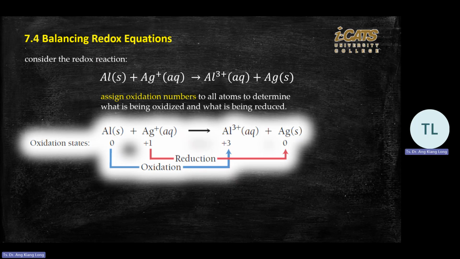Okay. Now, based on the short note that we wrote on the whiteboard here, remember you need to know how to explain why the blue arrow is oxidation. Oxidation is what? Based on our definition, oxidation is because the oxidation state number is increasing. You need to state Al oxidation number changes from 0 to positive 3.